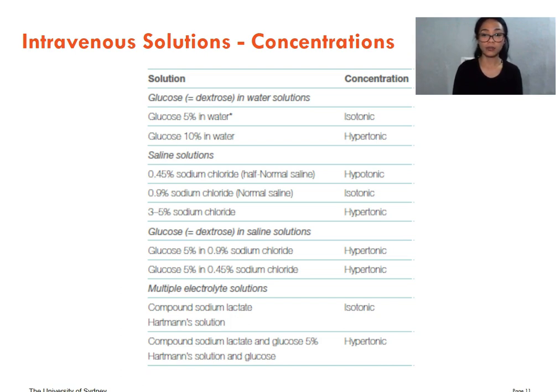And when we give a patient Hartmann's solution, that is, again, isotonic, it contains a mixture of sodium, potassium, chloride, calcium, and lactate. The concentration is about the same as extracellular fluid, and that makes it the ideal fluid in certain situations such as surgery, burns, or gastrointestinal fluid losses as well.